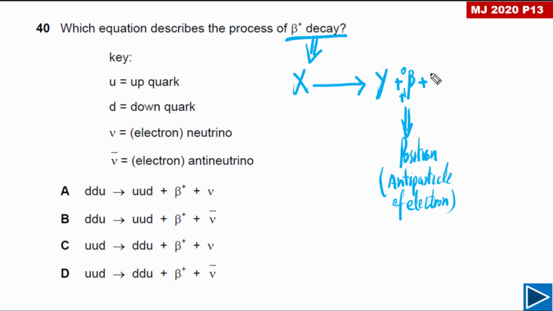If this is an antiparticle, there must be an electron neutrino, not an electron antineutrino. This has to be an electron neutrino. Why it has to be an electron neutrino, I will explain in a few seconds.